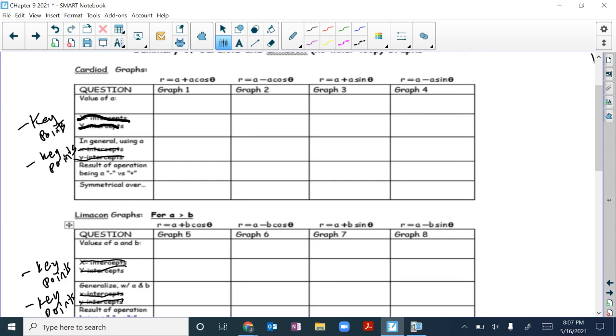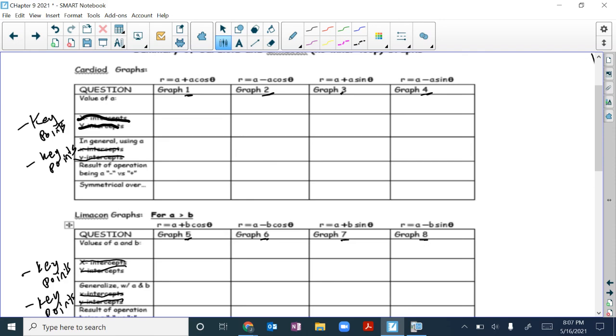And they're the points that represent the x and y intercepts, but we're going to write them in polar form as opposed to rectangular, okay? But yeah, you can see it matches up with the 4 graphs you did, and then the last 4 graphs you do with the limacones, okay?